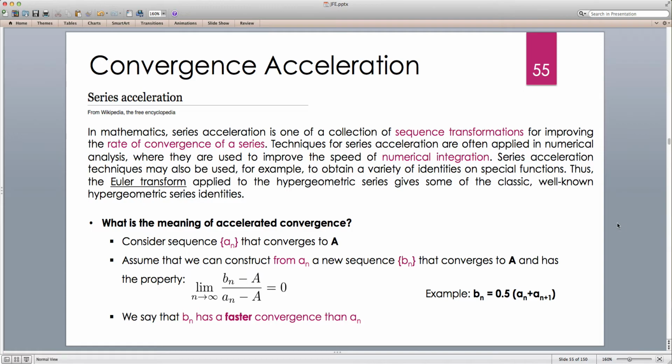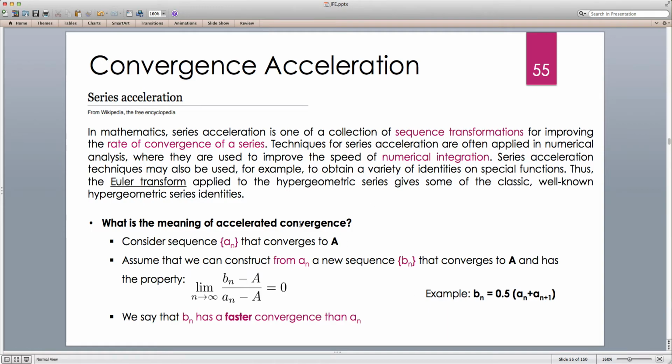In this tutorial, I'm going to continue the discussion on convergence of the series and how to accelerate them. And in the last video, we talked about how to use sequence transformers, some transformation on the sequence, so that we get a better or a faster convergence.